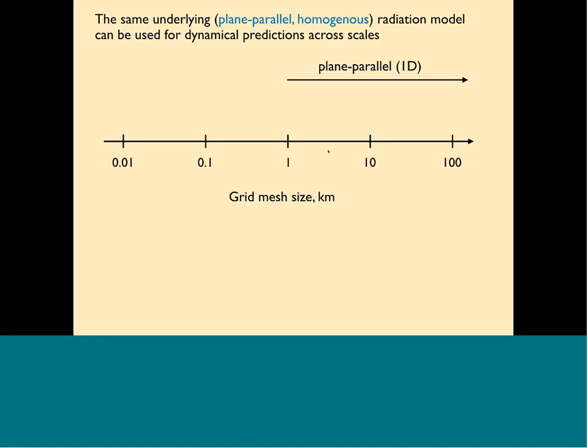I'll just remind you, this spans the range of scales of the Met Office Unified Model. Some problems are introduced at some of the smaller scales. At the 1 to 5 kilometer grid mesh scale, you have two interesting problems.